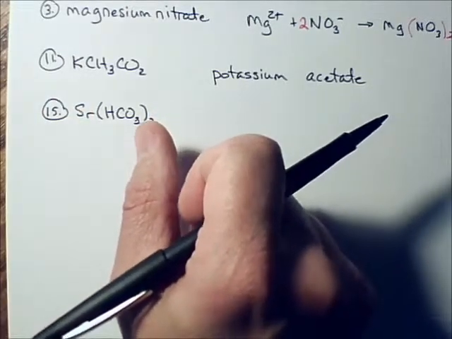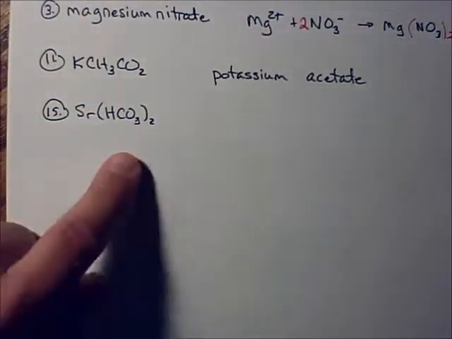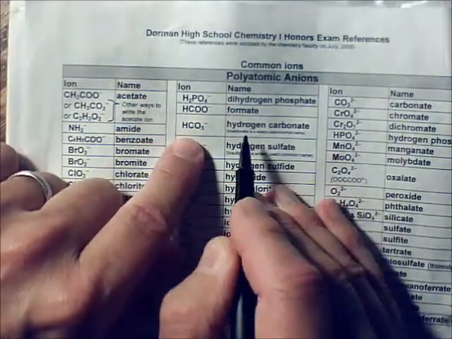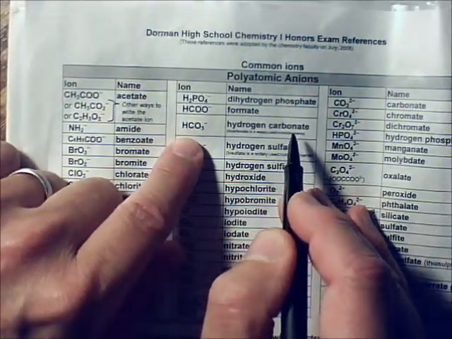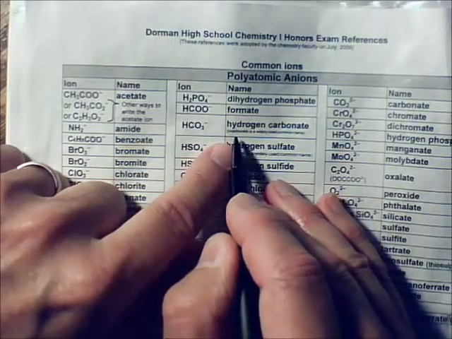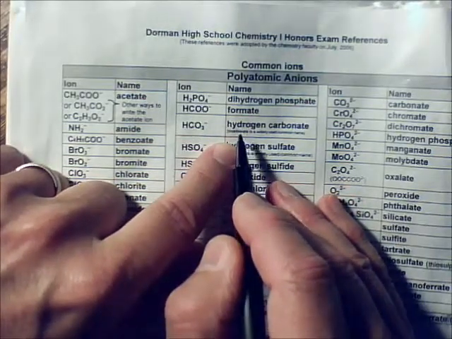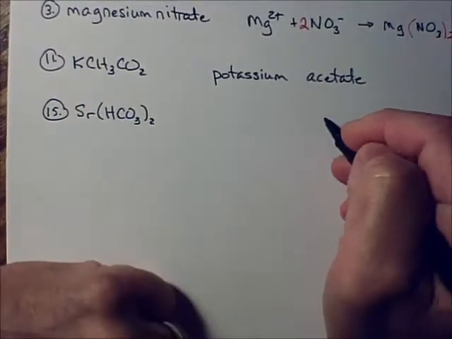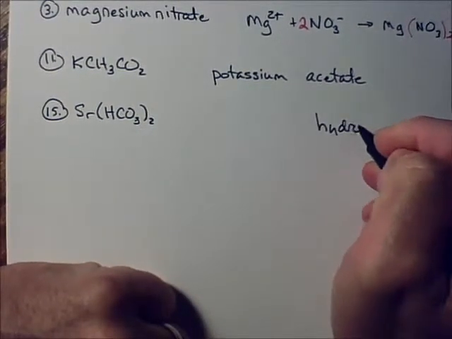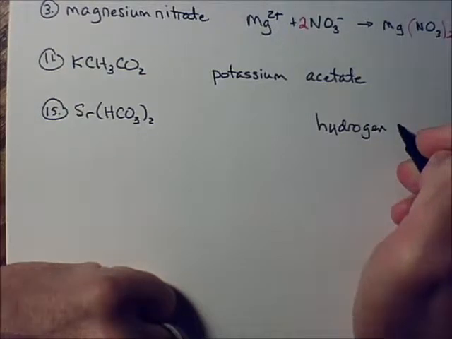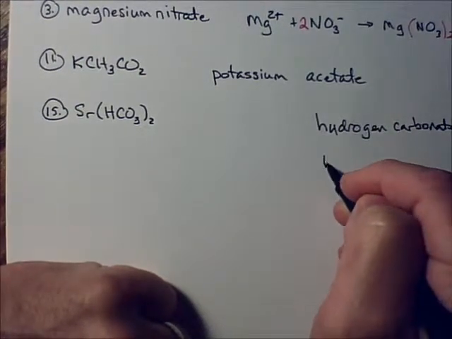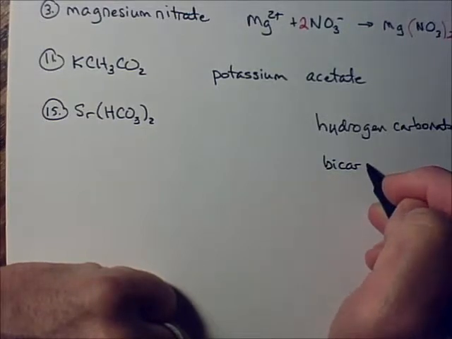So just look on the common ions list and find HCO3 and you'll find hydrogen carbonate. Okay, now I actually prefer bicarbonate. And so I would accept either one of those. Alright, so it can be called hydrogen carbonate or bicarbonate.